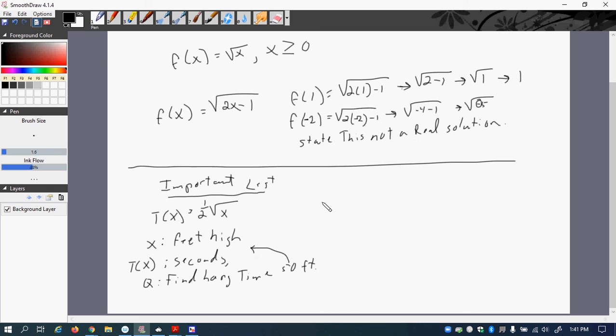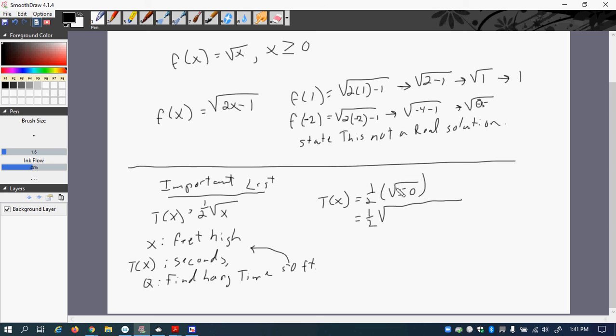So I will go t of x equal to 1/2 times the square root of 50. Okay? And so square root of 50 is not a perfect number, so we could, if we wanted to, we could set it up where we're simplifying the square root.